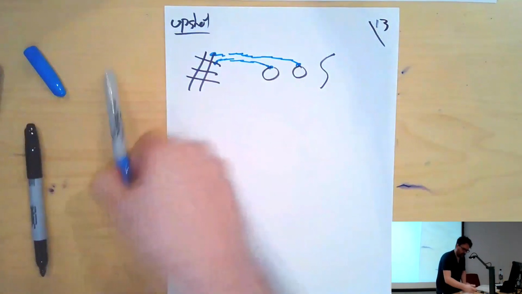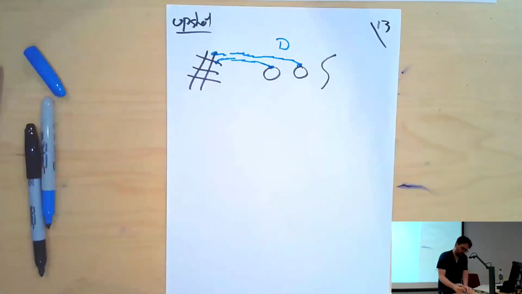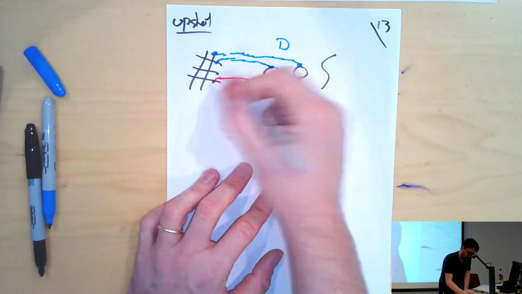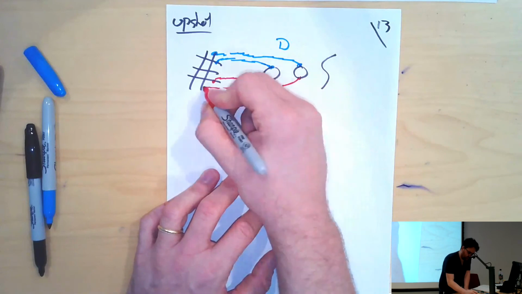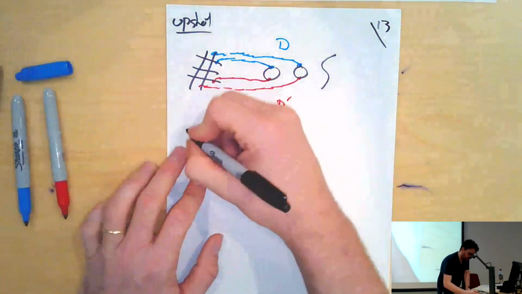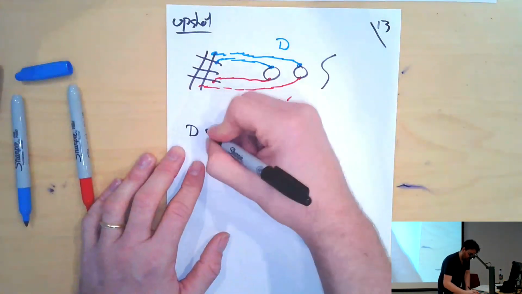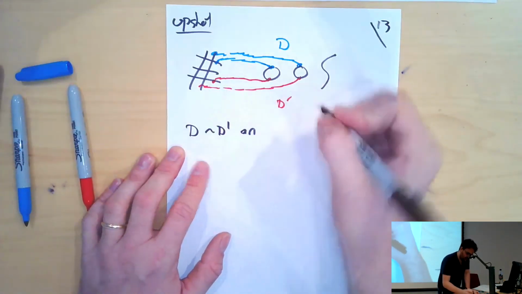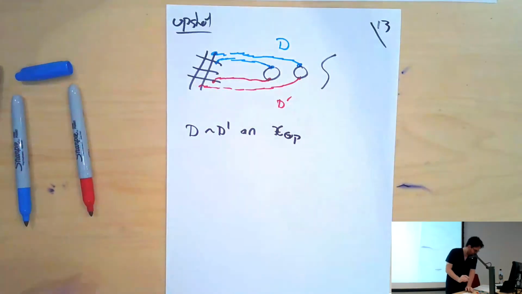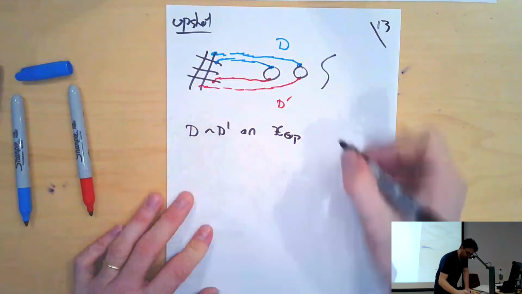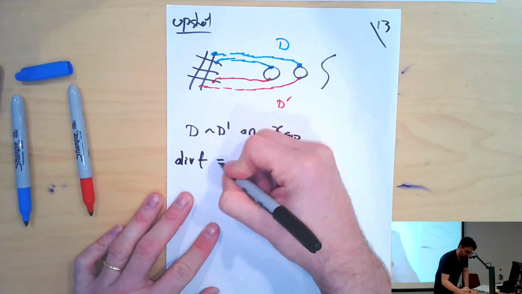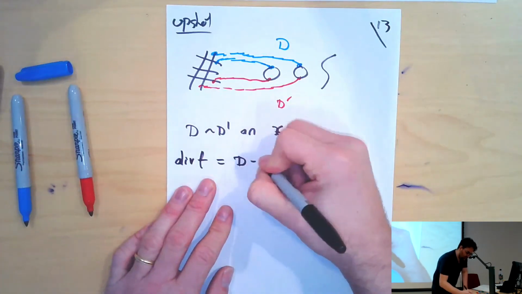And I'll call this D. And suppose I have a different divisor, which is equivalent, D prime. So we have two divisors, and we have an equivalence D prime on the generic fiber. Well, this equivalence is given by some f such that div of f is D minus D prime.